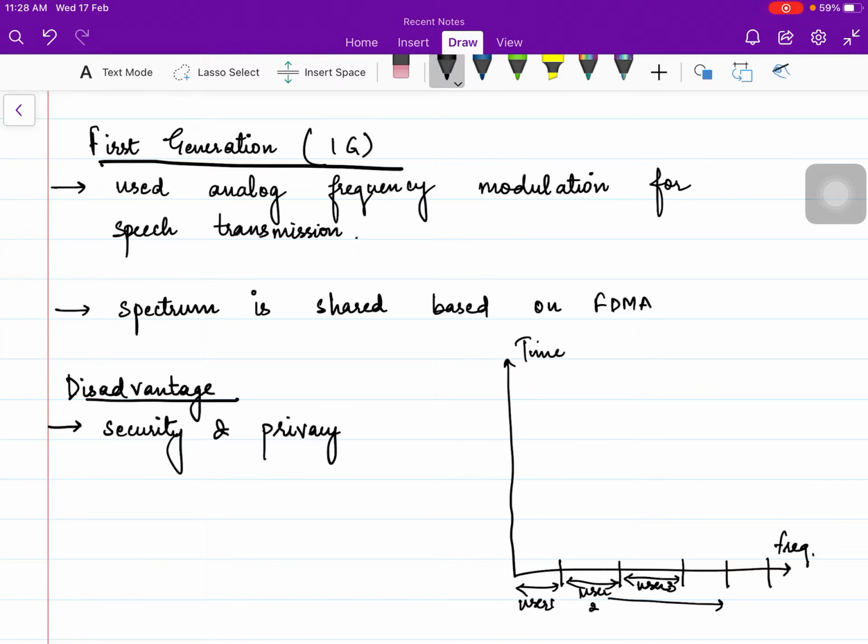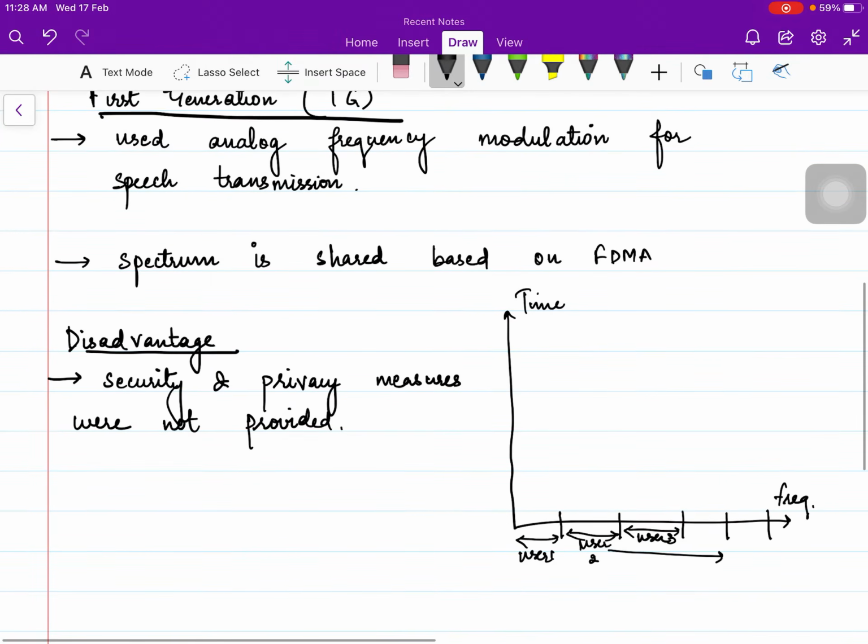Security and privacy measures were not provided. I can give you an example. If a receiver tunes into a particular frequency, it will be able to hear all the conversation going on over that channel.